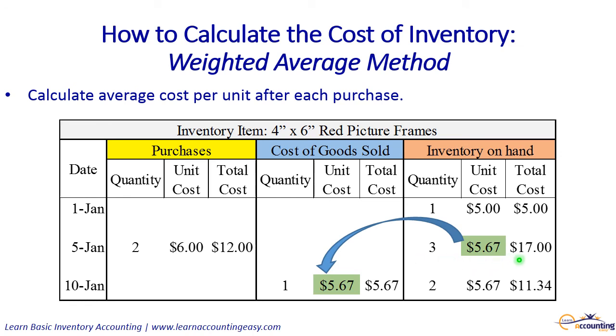So if we take $17, divide that by 3 units, then we have an average unit cost of $5.67. With this method, that's exactly what we use on January 10th when we sell the 1 frame. We just use the average unit cost. So there it is. And interestingly, the cost of goods sold is based on the average unit cost, but also the 2 that we have left over are based on the average unit cost as well.